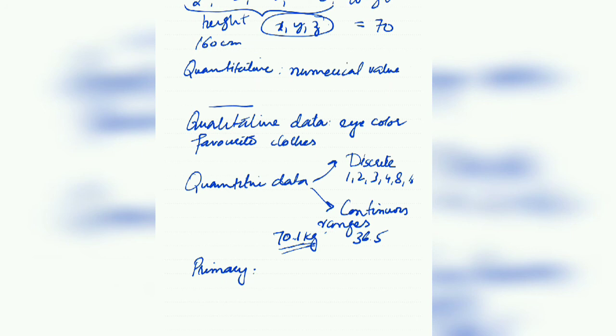And population and sample are very common terminology used in statistics. Population means the data resulting from investigating every member of a population, right? Basically population can be any specific group of people.